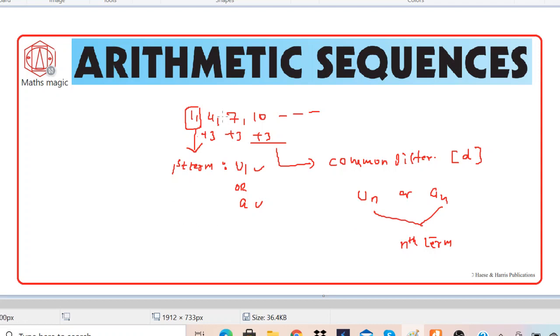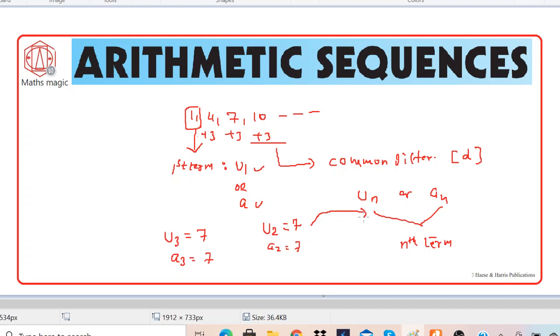If you want to write the third term of this sequence, we can write it like this: u3 is equal to 7. This u3 represents the third term of this particular sequence, or you can use the letter a3 to represent the third term of the sequence. If you want to write the second term of the sequence, you can use u2 is equal to 7 or a2 is equal to 7.